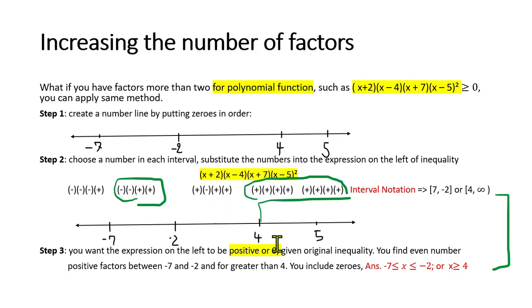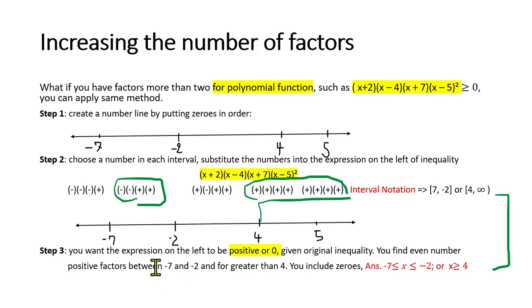But what about between 4 and 5? If you plug in 4.5, that makes positive. So positive, positive, positive, positive. What about x greater than 5? That makes all positive. The expression should be greater than or equal to 0, so positive.